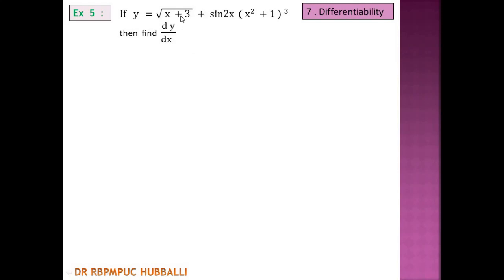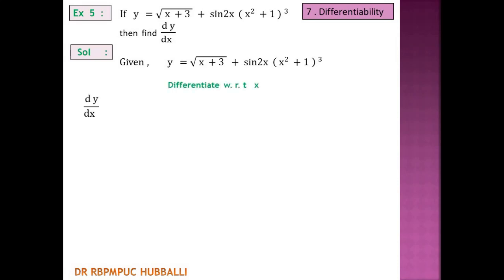The first function is a single one, the second one is a product. See here, y is equal to root of x plus 3 plus sin 2x as it is, (x square plus 1) whole cube as it is, that is the given function. Now I write the derivative dy by dx. The first function is in the root f of x form.